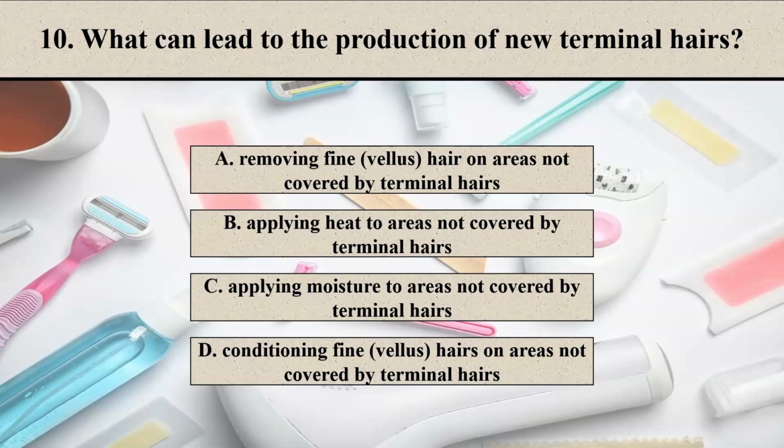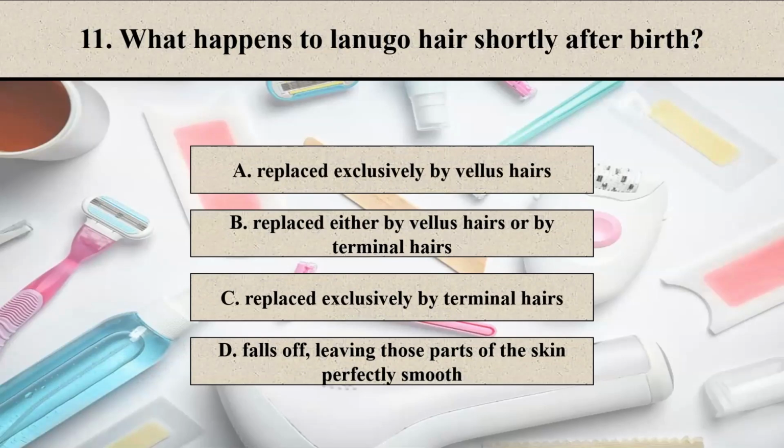Conditioning fine vellus hairs on areas not covered by terminal hairs? If you chose D, conditioning fine vellus hairs on areas not covered by terminal hairs, you are correct.